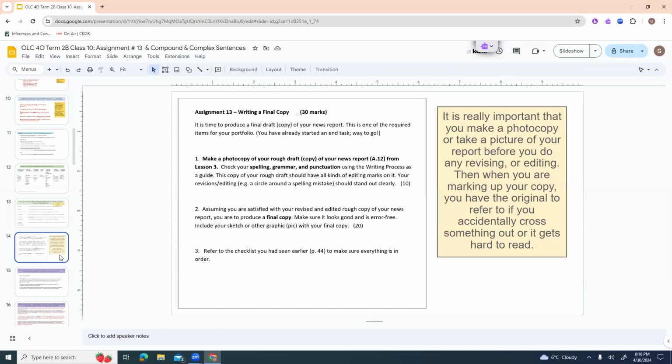All right, so we are moving on to assignment 13. Assignment 13 is sometimes a bit of a confusing one for people because it's basically us rewriting assignment 12 and creating a final draft for that. And a lot of people really struggle with the rewriting stage. And I get that. I totally understand why that is, but it is the best way to improve your writing.